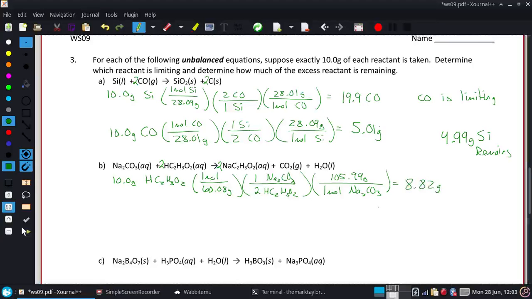So since we have that, we know that the HC2H3O2 is limiting. And we're just going to do 10 minus this and see that the amount of sodium carbonate left over is about 1.18 grams.